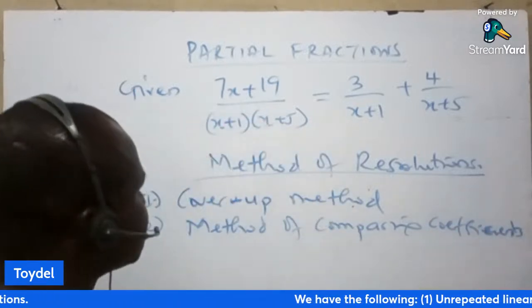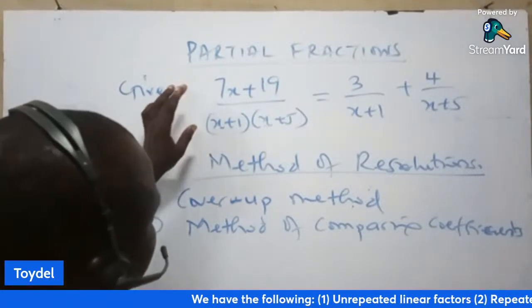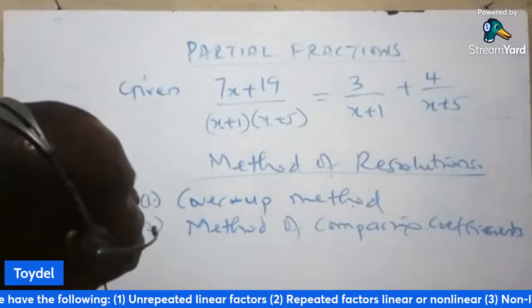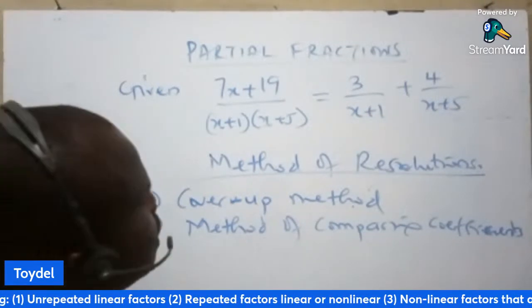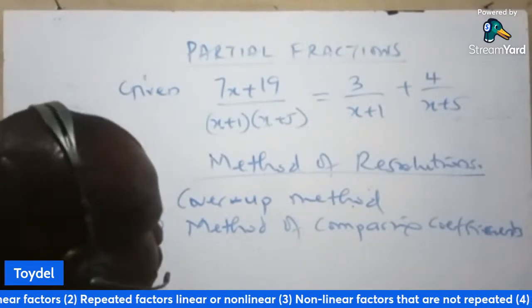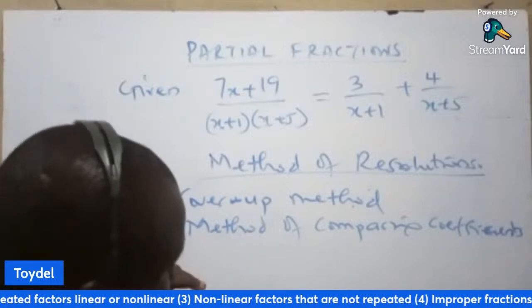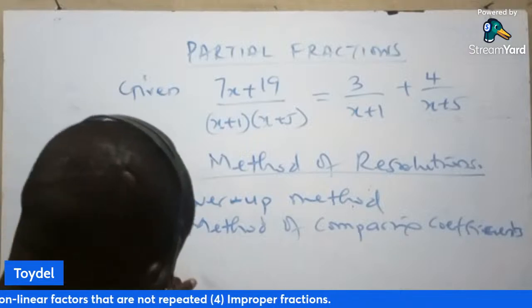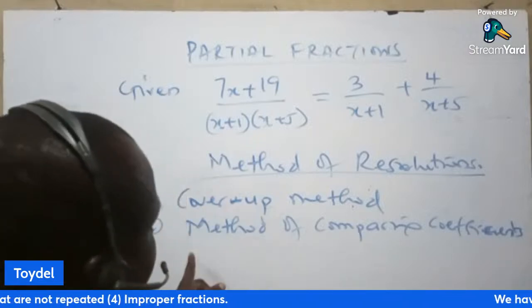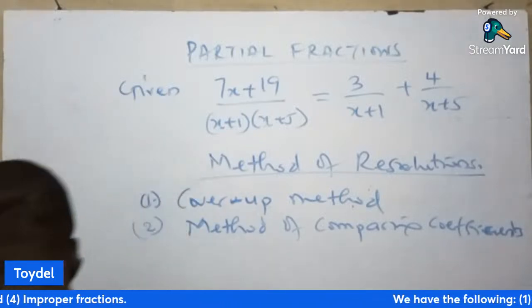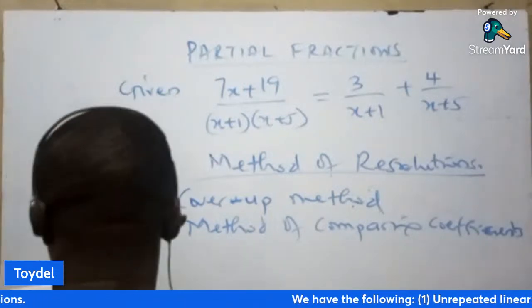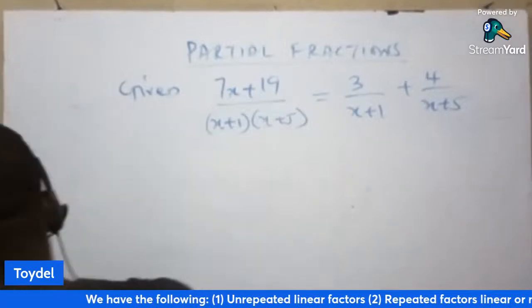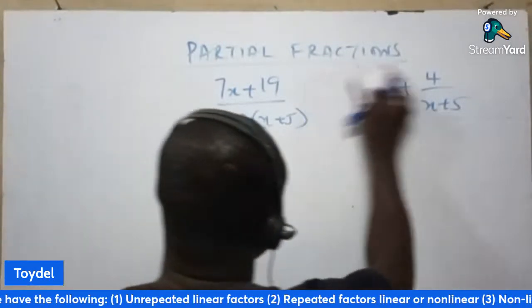What I'm trying to say in essence is that if you have a compound fraction and you have resolved it into partial fractions, there are two methods involved in solving it, irrespective of the nature of that partial fraction. The first method of resolution is called the cover-up method, while the second is called the method of comparing coefficients. So I'm going to use what I have on the board as an example before we break partial fraction into the types that we have.